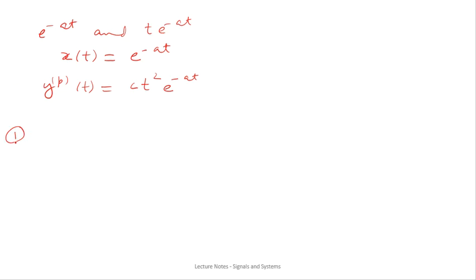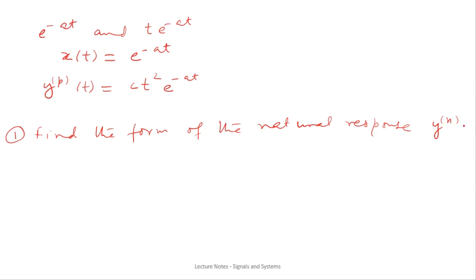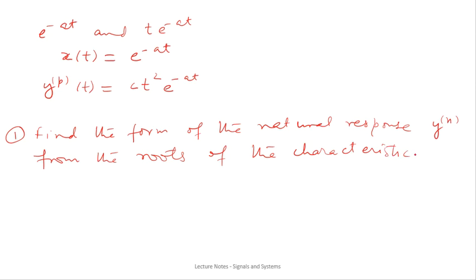Find the form of the natural response from the roots of the characteristic equation.